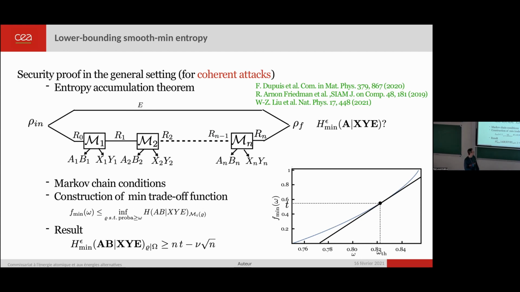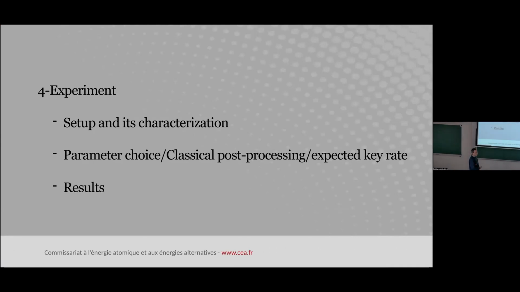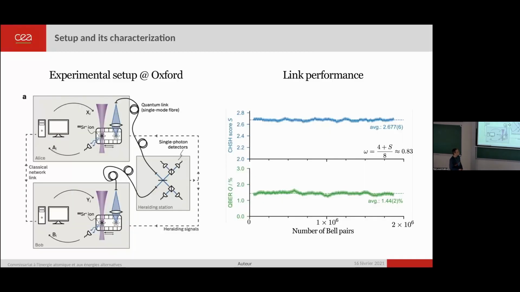So with this, let me give you an overview of the experimental setup that was used at Oxford. This is a trapped ion experiment. They have two distinct traps, each with its own electronics and computer attached. Each trap can move ions around.